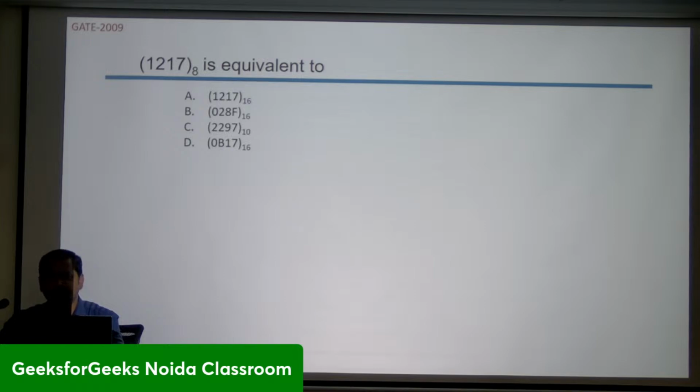You have to go for both, because there are two different bases. If all the options are in base 16, in that case there will be only one correct option. Okay, but since the base is varying, you have to go for both.